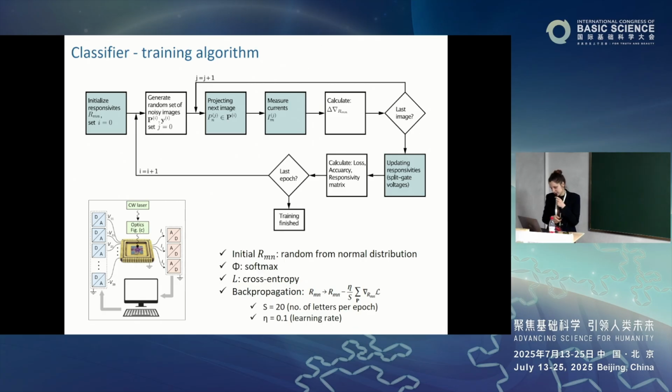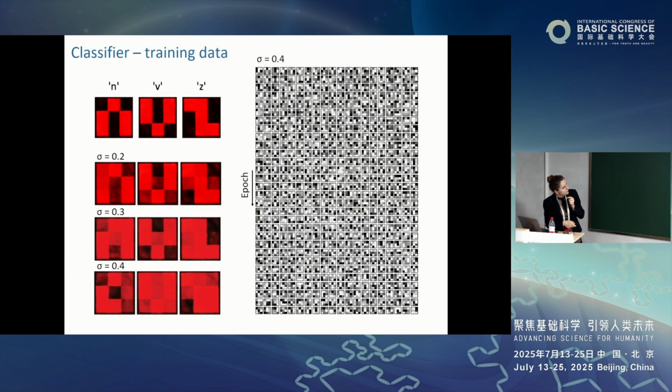So it's the comparison that includes a log. And then we chose a learning rate of 0.1, and we projected 20 images per learning epoch. So epoch is when you show a set of images and later you adjust the weights after these 20 images each time.